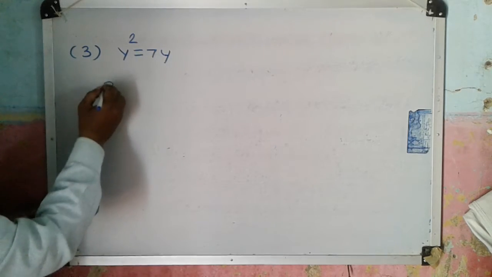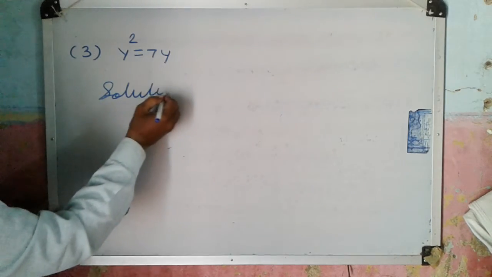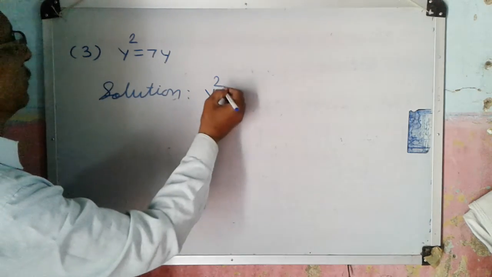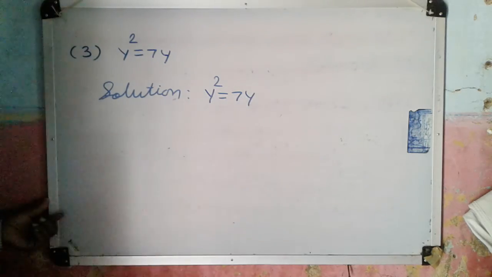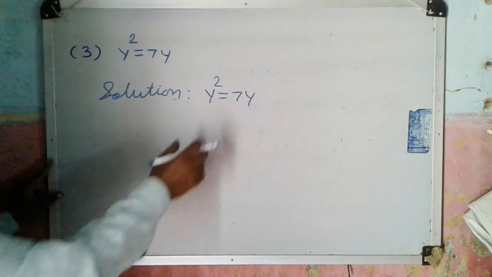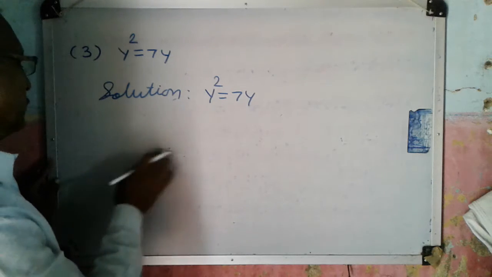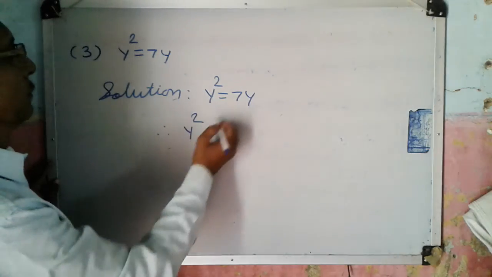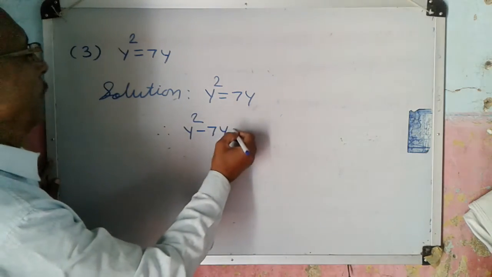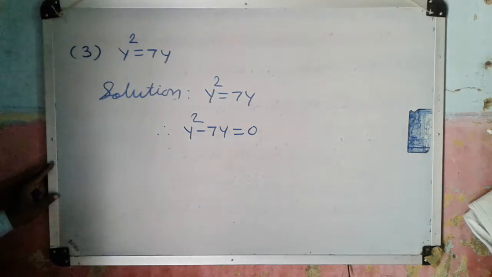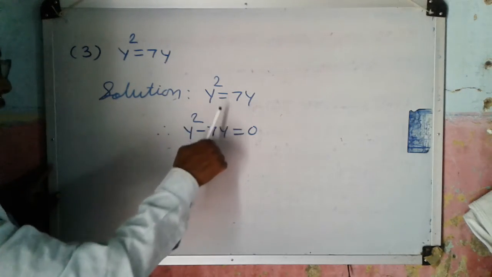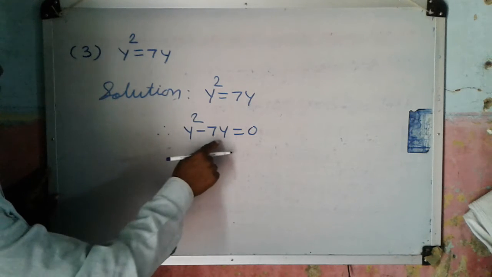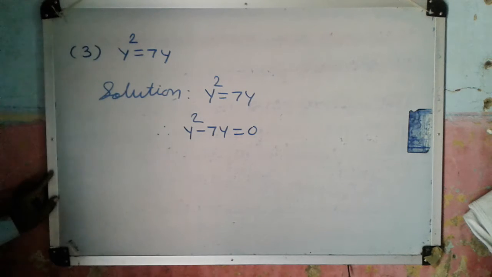Now the third example. The given equation is y square is equal to 7y. Now we'll write this given quadratic equation in standard form. So y square minus 7y is equal to 0. Now here first term is here, middle term is there, last term is not here.